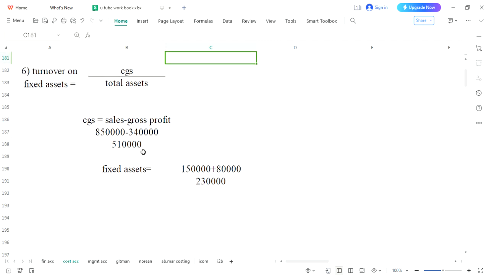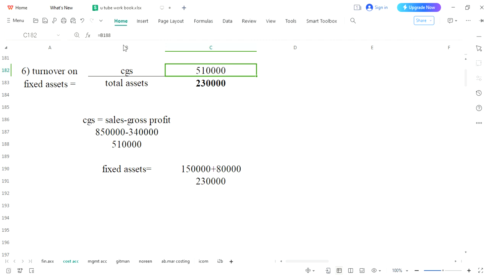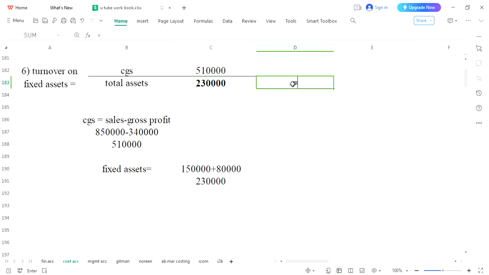In this way, both values we have determined. Please note, we needed CGS, that is 5,10,000. Let's put it, 5,10,000, and then we need to put fixed assets 2,30,000. Let's put a divisor. Now we are open to calculate our answer, CGS divided by fixed assets.